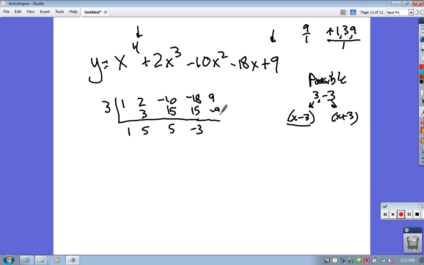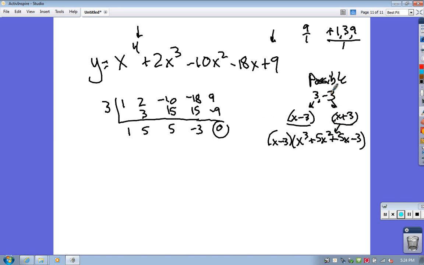That gives me a negative 9, 0. Good, so that works. So basically, I've factored out the x minus 3, and I'm left with, it was a fourth power, so now it's 1x cubed plus 5x squared plus 5x minus 3.